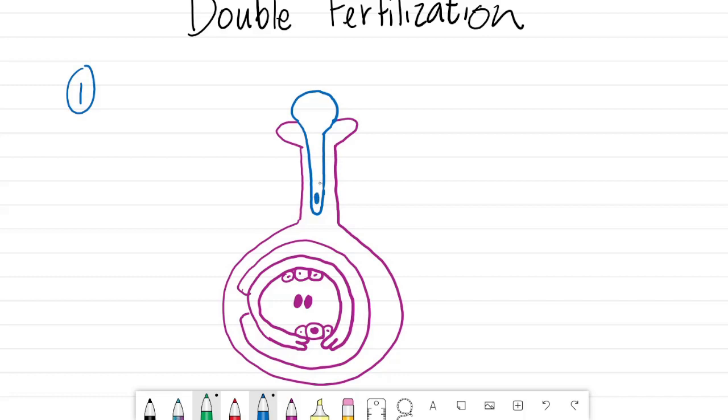At the head here, you will have the tube nucleus. This itself is the pollen tube. This is the pollen grain.